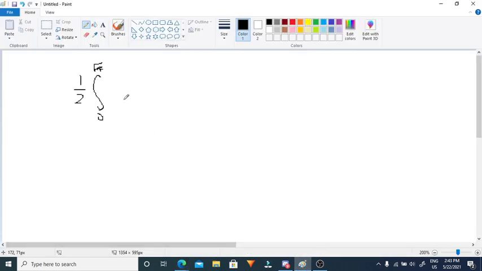So from 0 to root pi, sorry for the messy handwriting, of 3 root theta sine of theta squared. And don't forget, this is equal to r, and it's r squared d theta. And so when we evaluate this integral, we end up with 9 pi over 8.